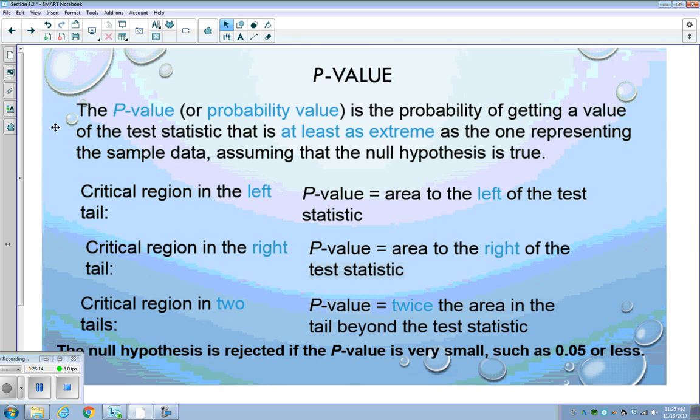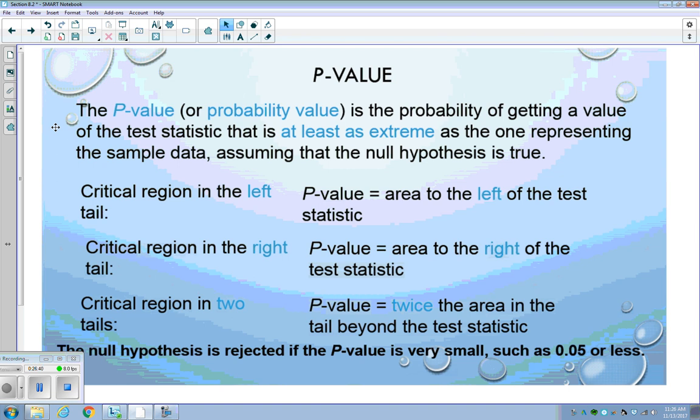And our p-value is the probability of getting a value of the test statistic that is at least as extreme as the sample data. So in other words, am I rejecting or not rejecting that null hypothesis? Is it in that critical region? Here are the p-values.